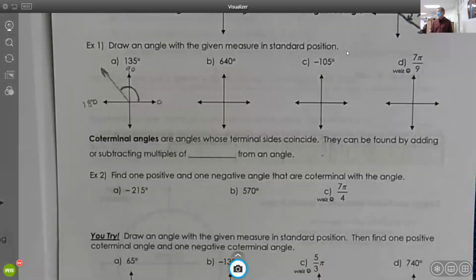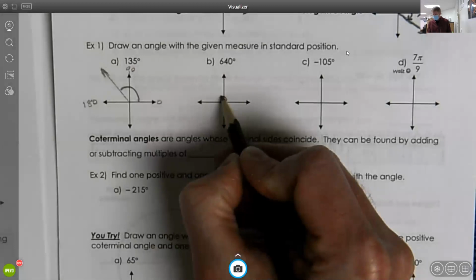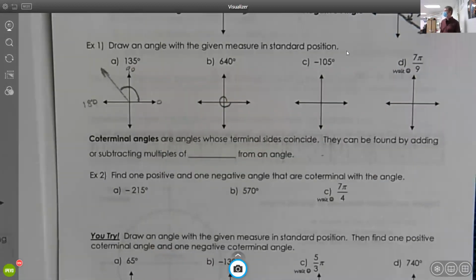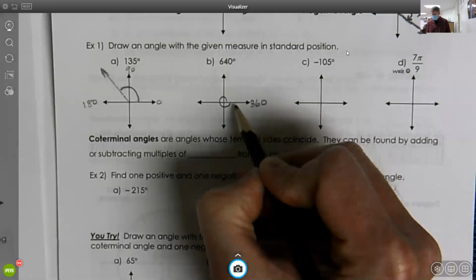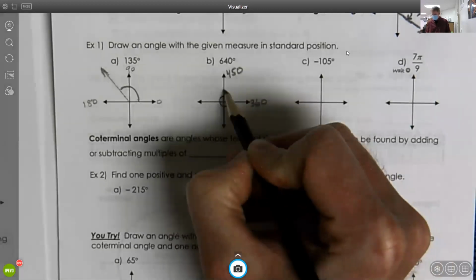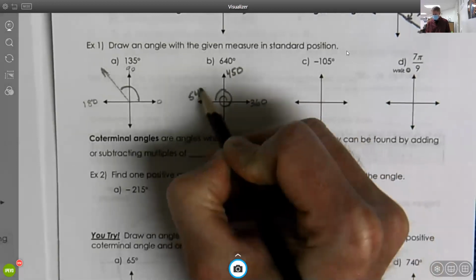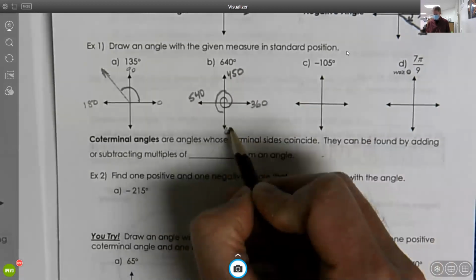640. That's a crazy angle. Well, we know 360 degrees is all the way around. 90 more degrees, so that's 360. 90 more degrees would be 450. 90 more degrees would be 540. 90 more degrees would be 630.